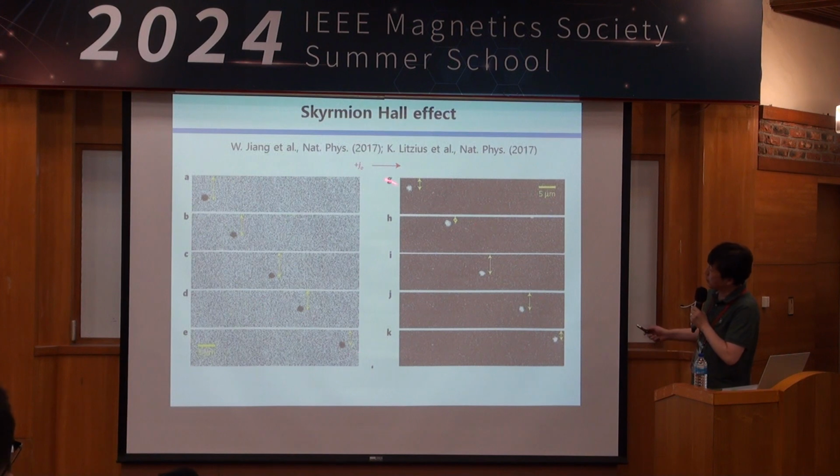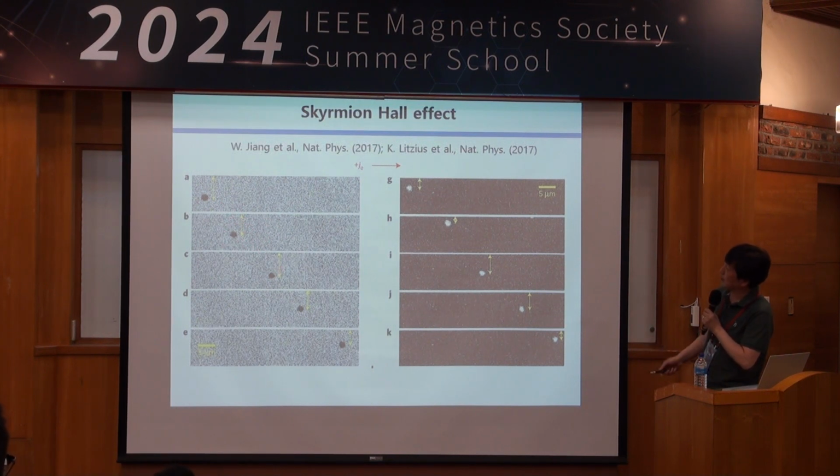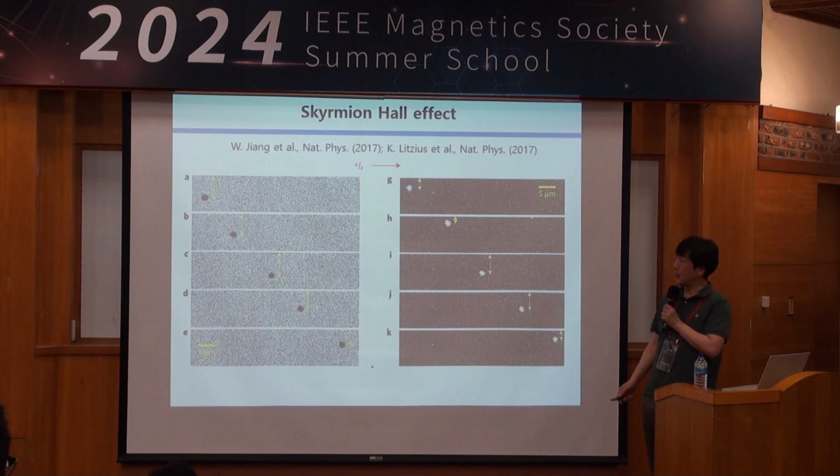In this experiment, they generate a single bubble or magnetic skyrmion and inject the current along the horizontal direction, and then took these images as a function of time. It moves along this direction because the force is along that direction, but at the same time they observe a transverse motion just like the Hall effect, and they name that the skyrmion Hall effect.